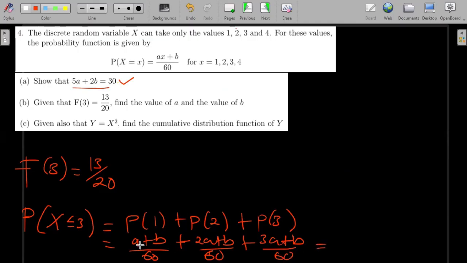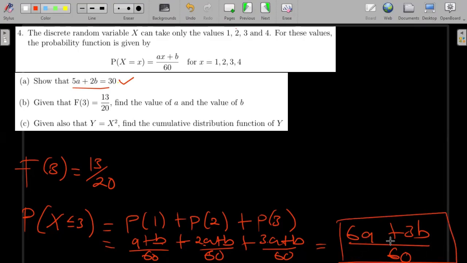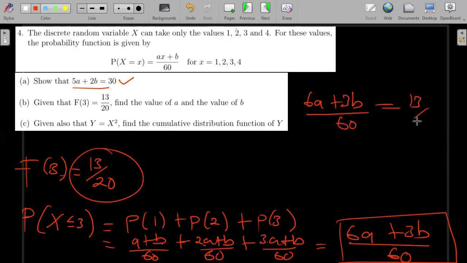So this gives a plus 2a, that is 3a, plus 3a to be 6a, plus b plus b plus b, that will be 3b, divided by 60. Since it's the cumulative probability up to 3, this is equal to 13 over 20. So I'm going to write 6a plus 3b over 60 is equal to 13 over 20.